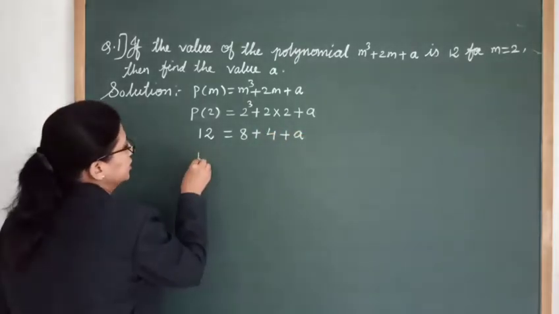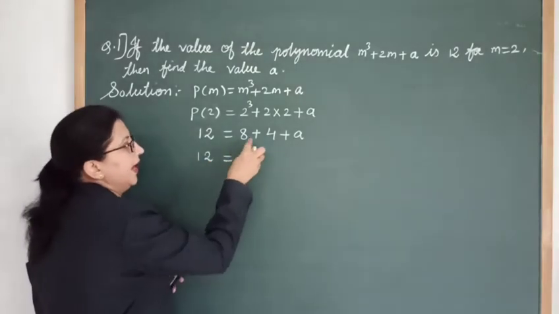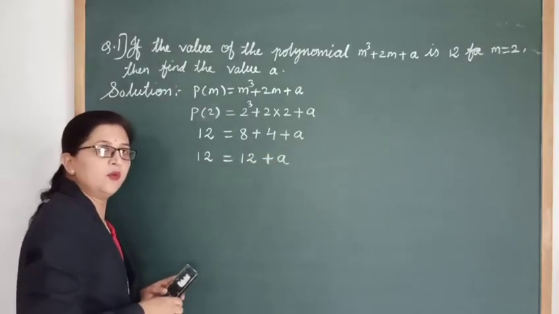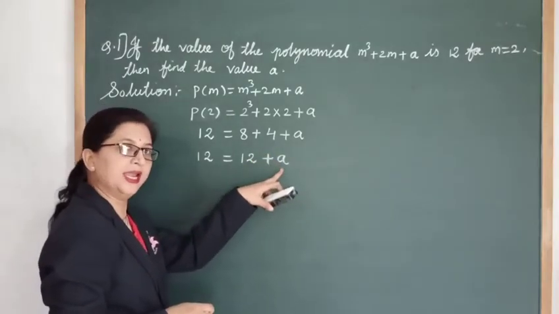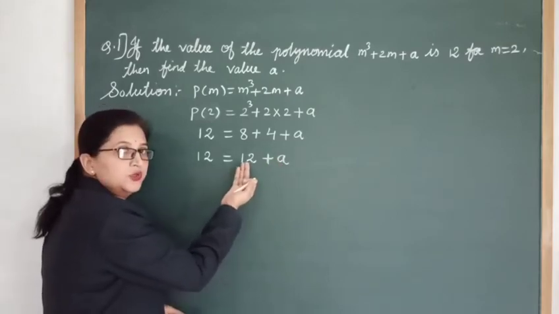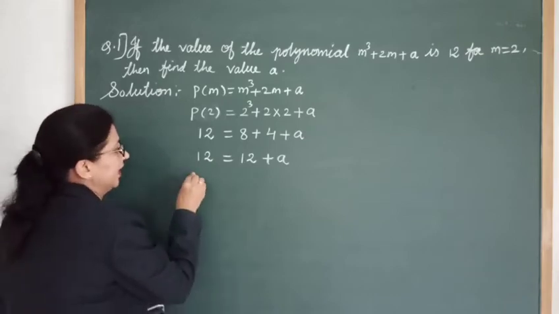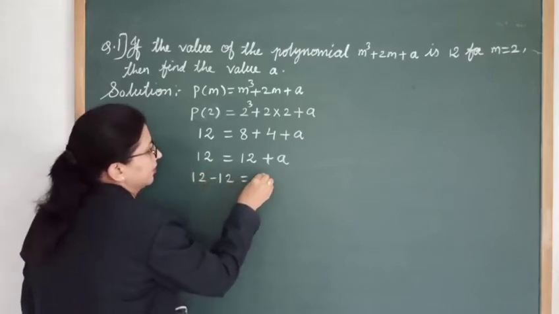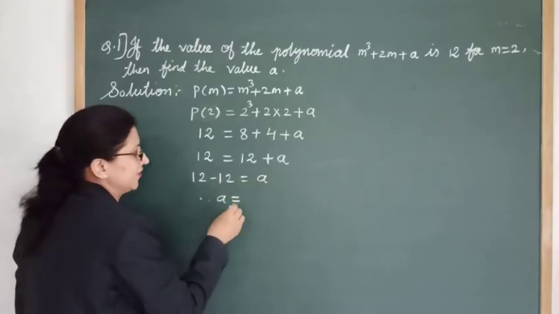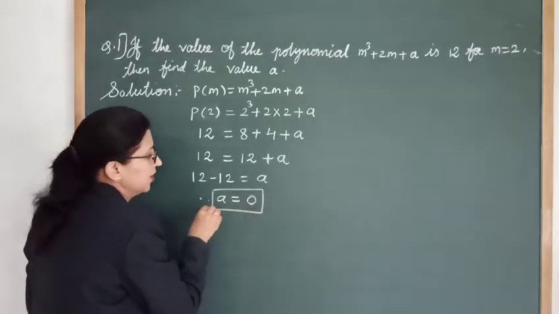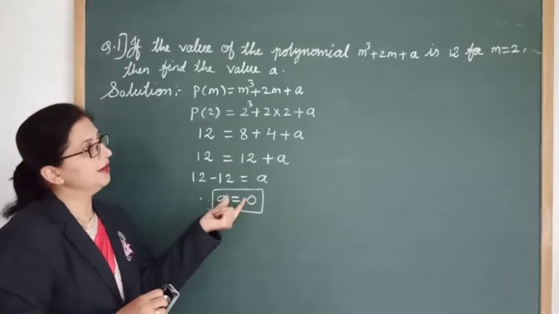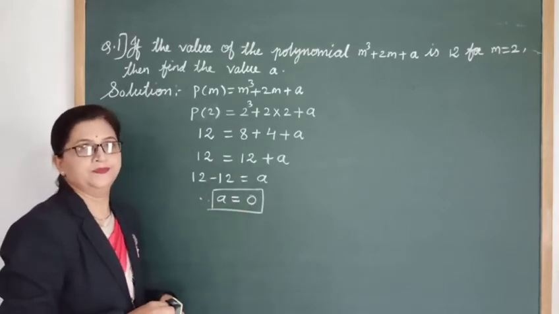Now here 12 is equal to 8 plus 4, 12 plus a. Now we want to find out the value of a. Keep the a here only, and let's transfer this positive 12 to the left hand side. So it will be negative. In this way, we'll get the value of a as 12 minus 12, 0. So here the value of a is 0 if m is equal to 2.